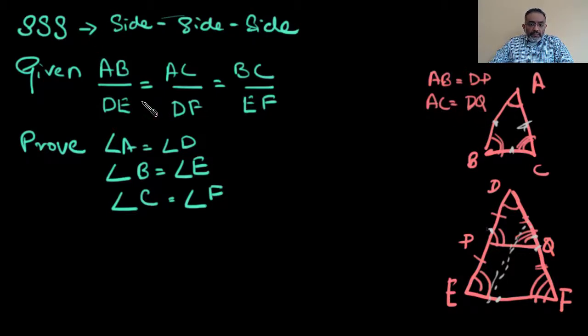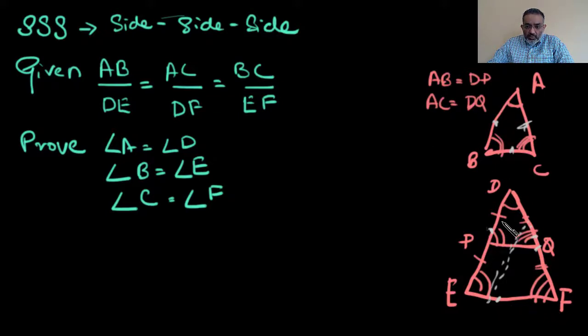Now we are given the fact that in the side model, the sides are in fact proportional. That means AB is proportional to DE in the same way as AC by DF, or AC and DF are proportional to BC and EF.